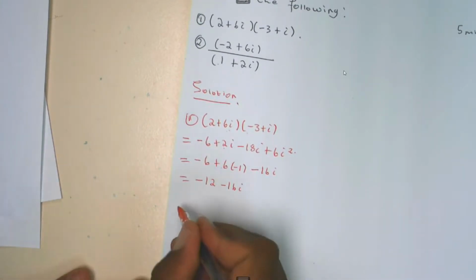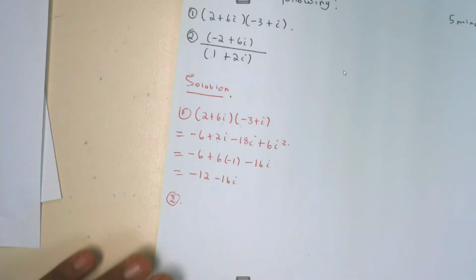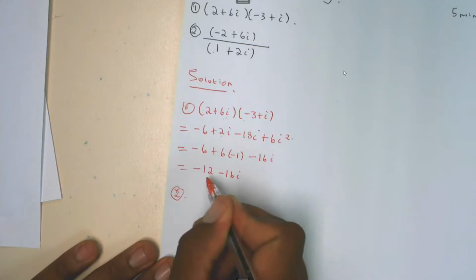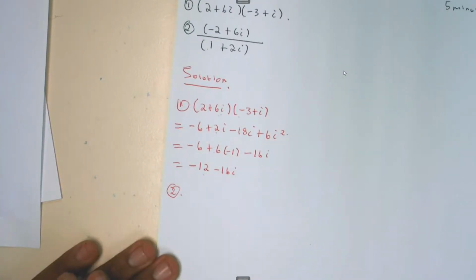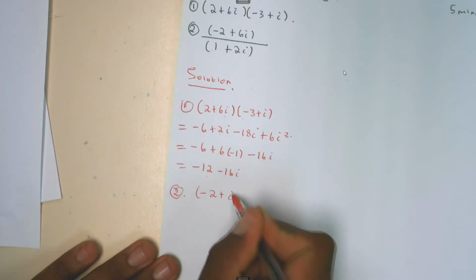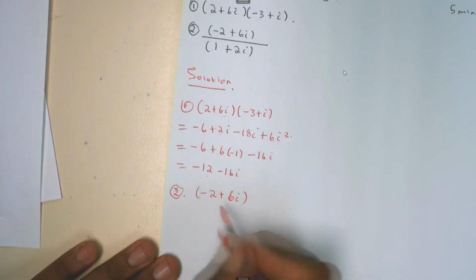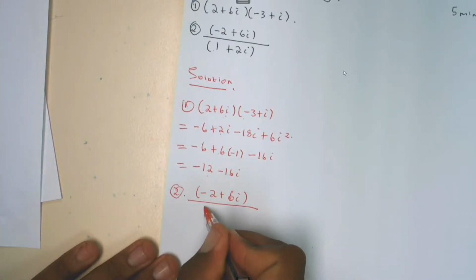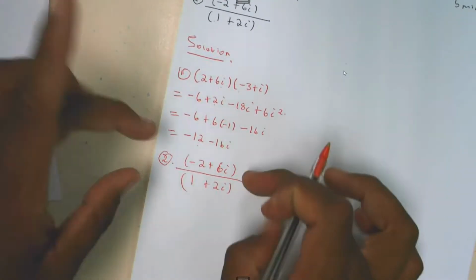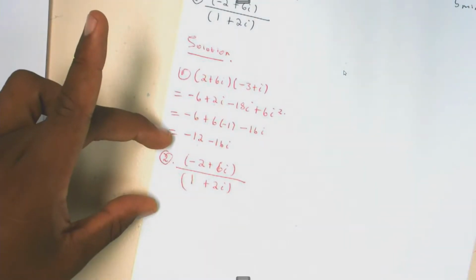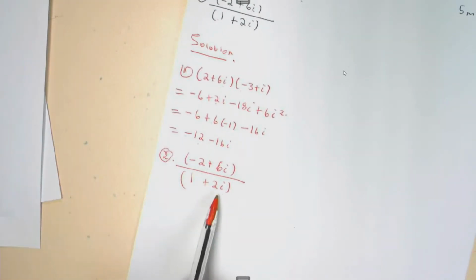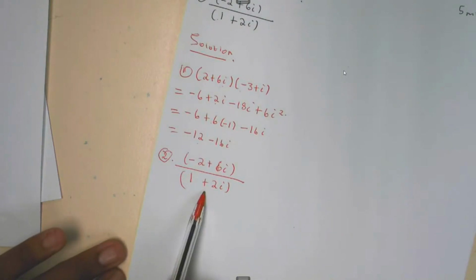And number 2, remember, this is a complex number, we have a plus bi. We have minus 2 plus 6i all over 1 plus 2i. Remember, this is a division. I can see I have a complex number divided by a complex number. So this is my denominator.